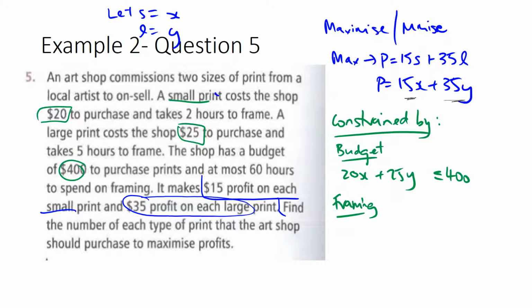How do you get the framing? 2 hours. 2x plus 5y, less than or equal to 60. Yeah. Okay. So what was the key thing to help you with this? What are you constrained by? Do that, and that'll help you set up those actual constraints.